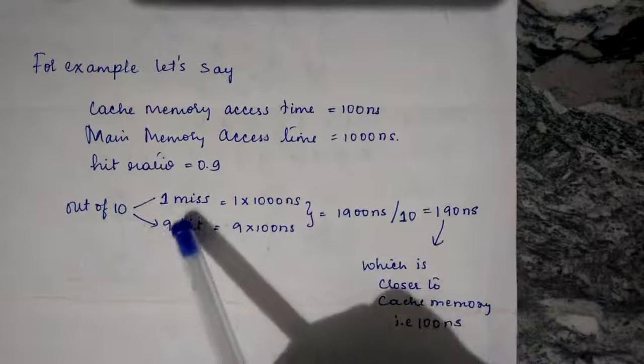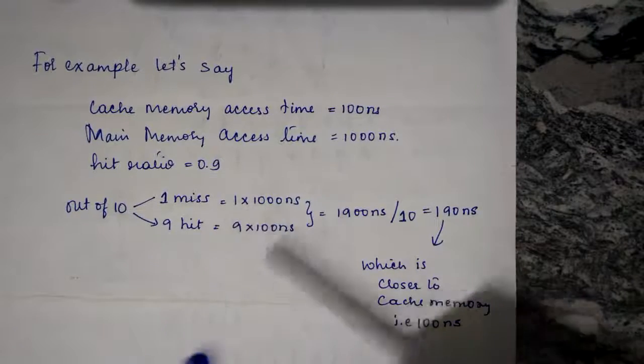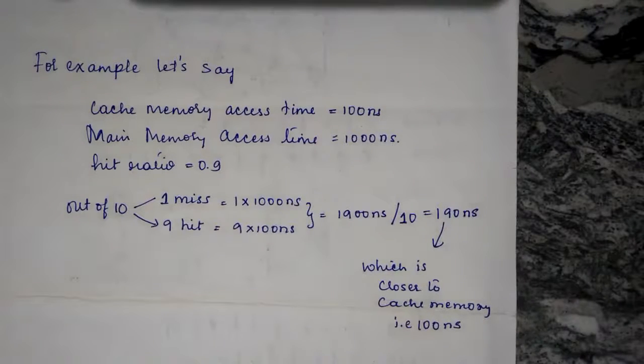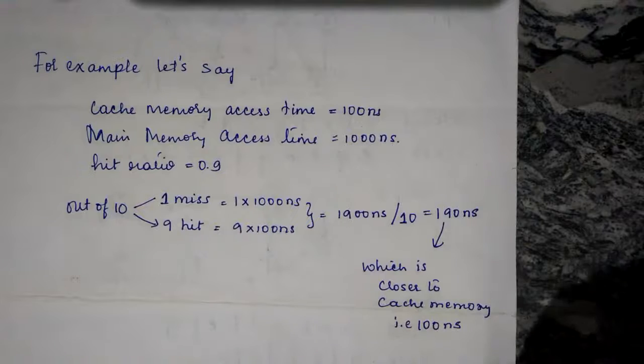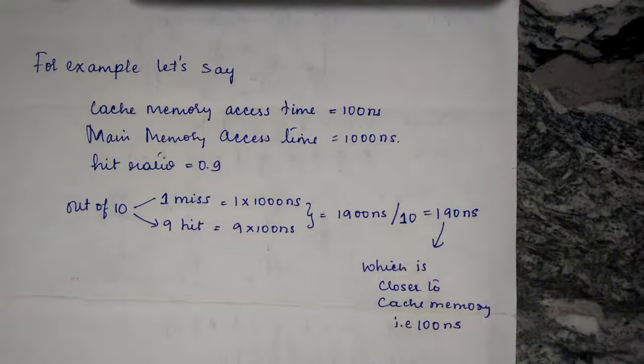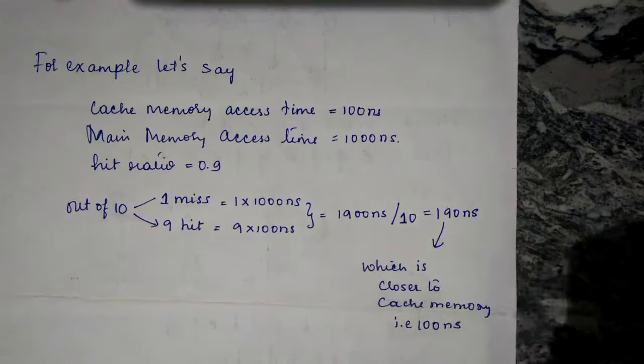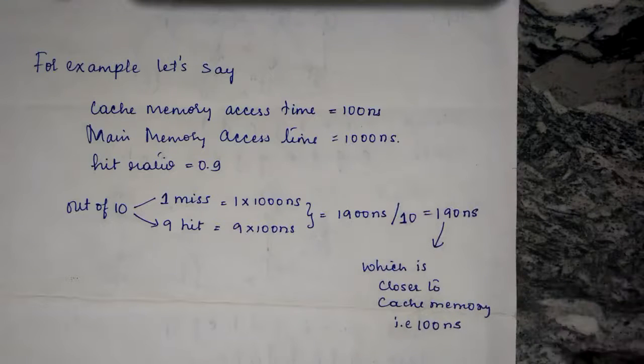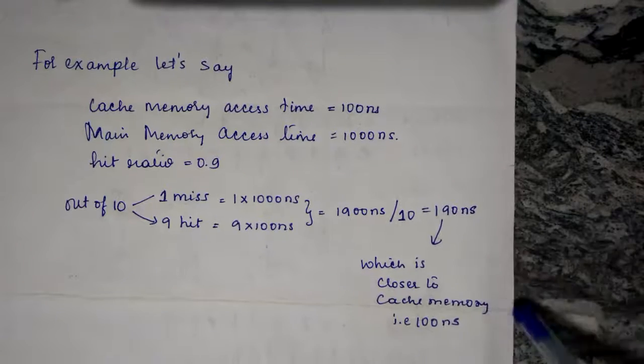So 1 miss means 1 into 1000 nanoseconds, which is the main memory access time, and 9 hits means 9 into 100 nanoseconds, which sums up to 1900 nanoseconds for 10 references, which is 190 nanoseconds on average, closer to the cache memory time of 100 nanoseconds.